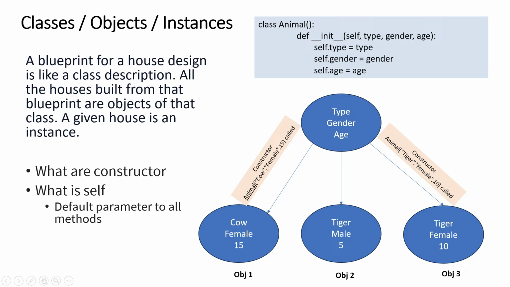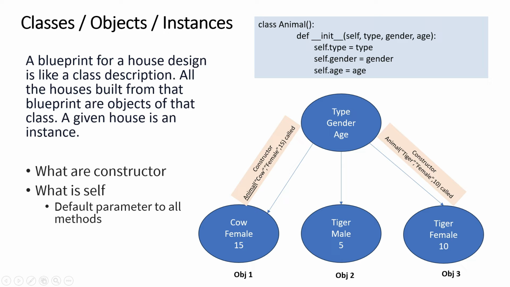So these are the three attributes that this class supports. For this object, I am passing cow, female, and 15. What it would do is create an object in memory, and for that object, it would have type as cow, gender as female, and age as 15.